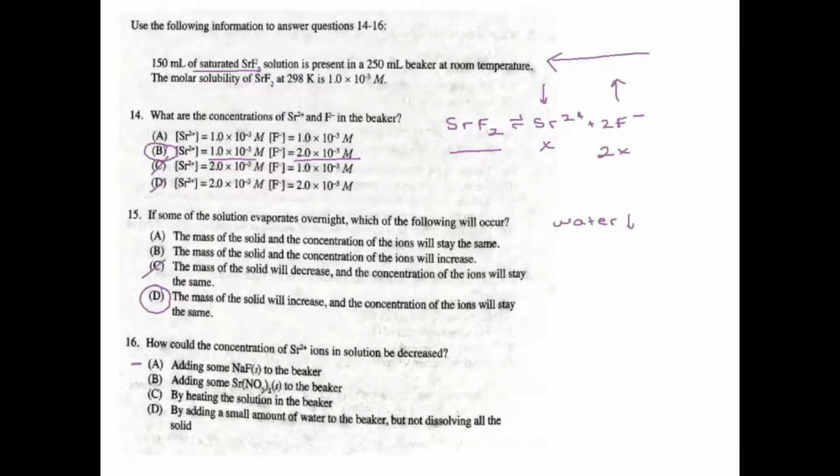Just think about hot cocoa, so that doesn't work. If I add a small amount of water, but don't dissolve all of the solid, that will allow more strontium to dissolve, but since I'm also increasing water along with the number of ions, the concentration is going to stay the same, since the concentration is ions over the total amount of solution, and I'm increasing both. So my answer is A.